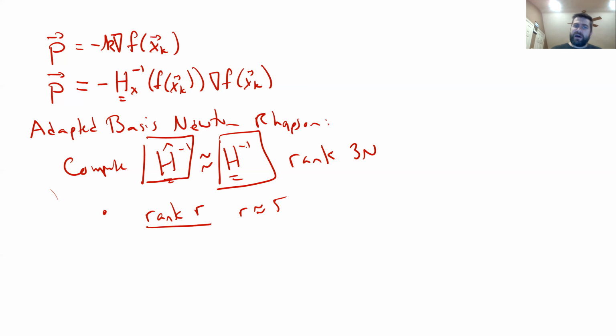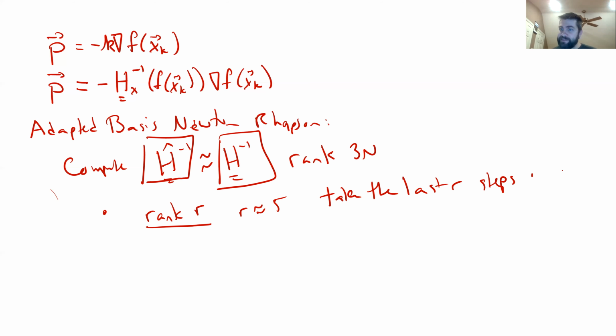And the way that this is done is by looking at only a small portion of the overall space. How can we define kind of a reduced dimensionality space to work in? Well, what adapted basis Newton-Raphson does is take the last R steps.